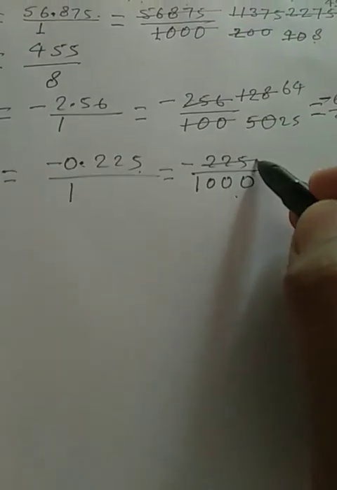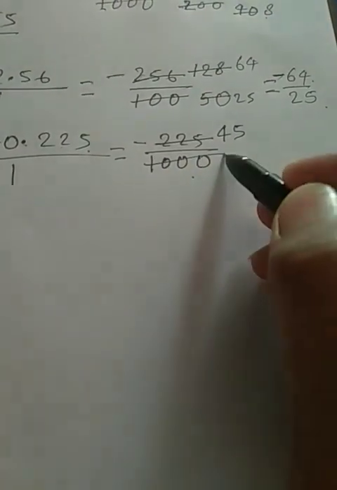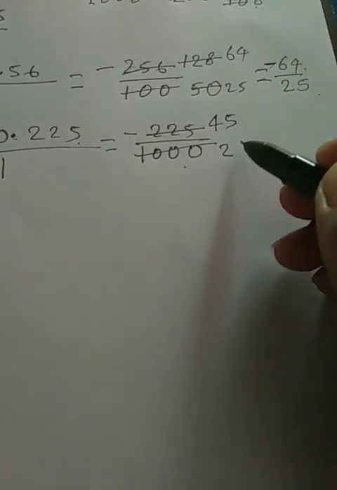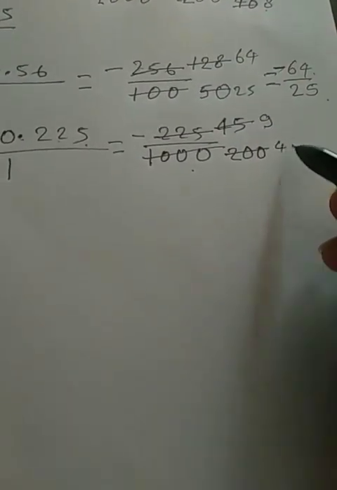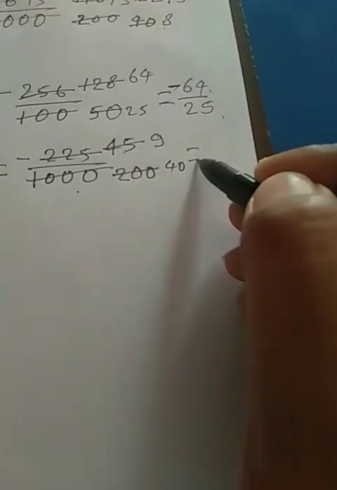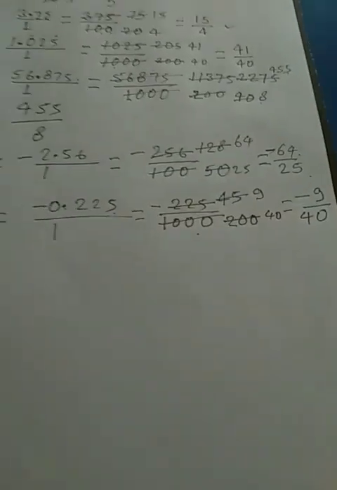Now it is divisible by 5. Once again divide by 5. Now it is minus 9 by 40.